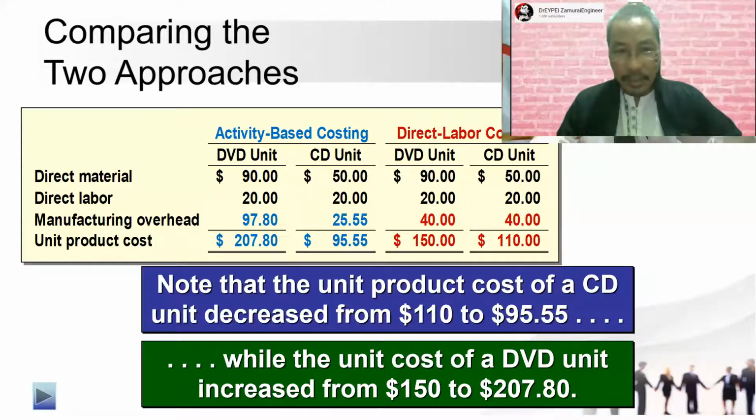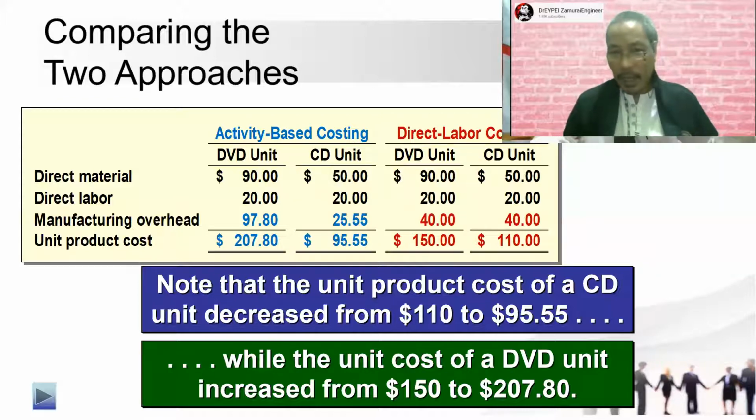We have 97.8 is greater than 25.55. Okay? So this is how we compare. And because direct material and direct labor are the same, activity-based costing will have different unit product costs for different types of products, either DVD or CD.